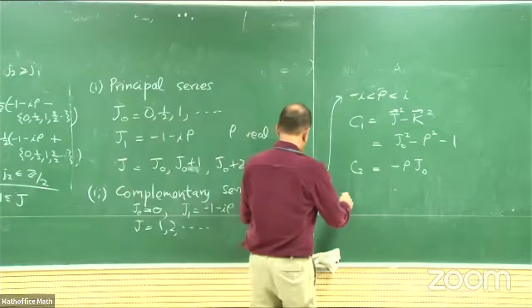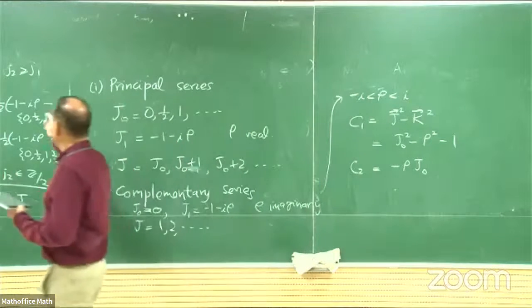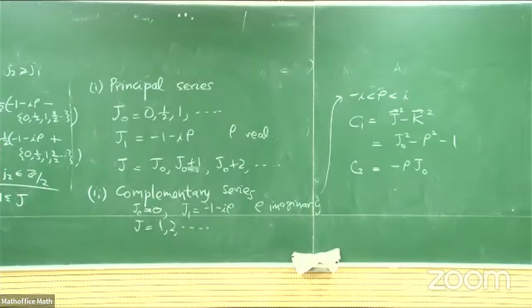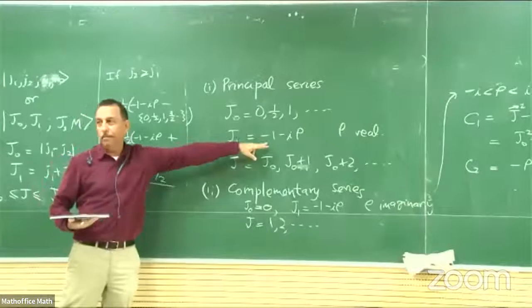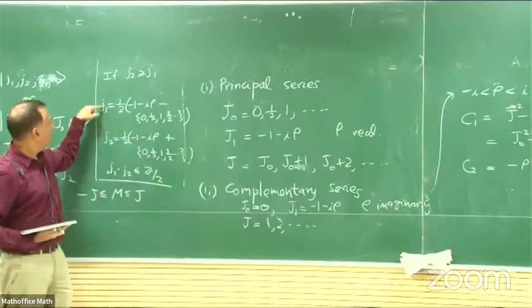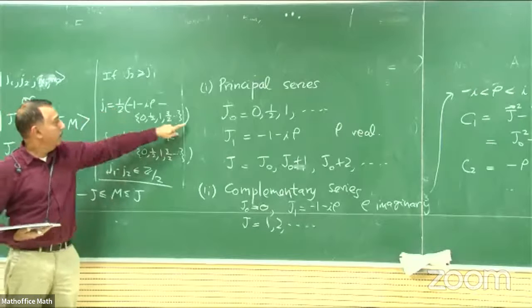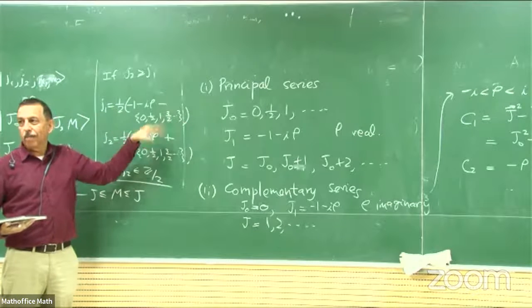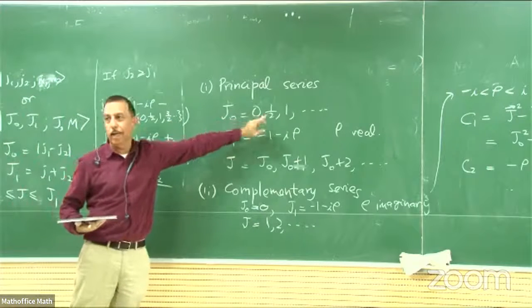So, as far as these j's are concerned, from this you can see right away that J1 plus J2 is minus 1 minus I rho, which is exactly J max. And J1 minus J2, that drops out and you get half times this series. But because of that constraint, you actually get this series only, which is exactly that.